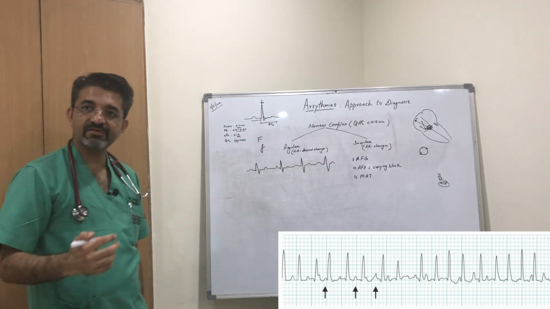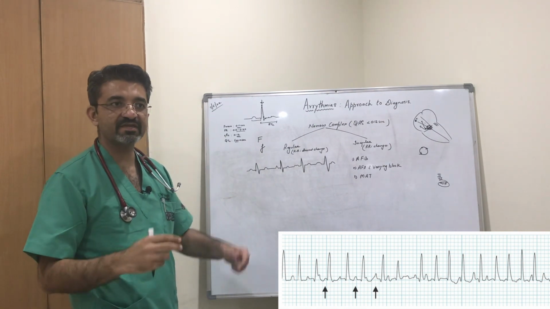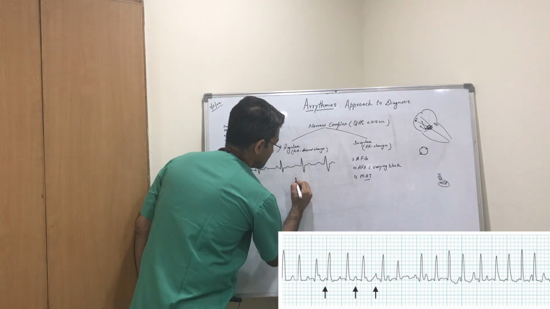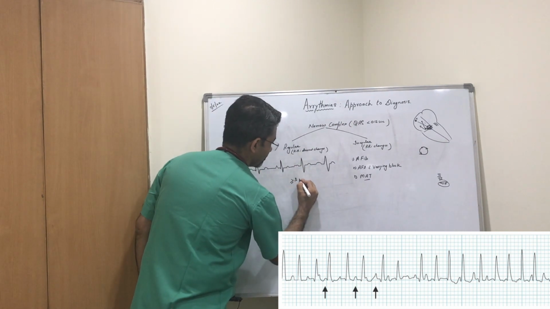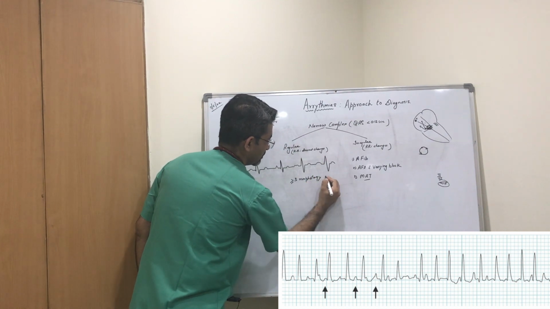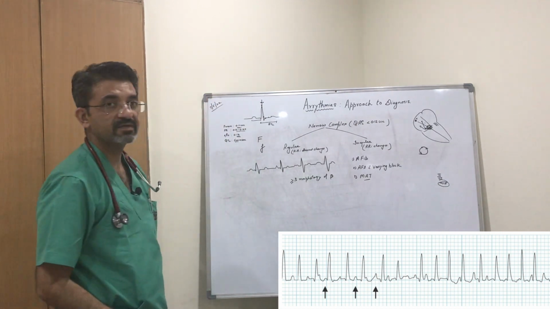So, if you have 3 or more different types of morphologies of P wave in a single ECG, it is multifocal atrial tachycardia. 3 or more morphologies of P wave in one ECG, it is multifocal.